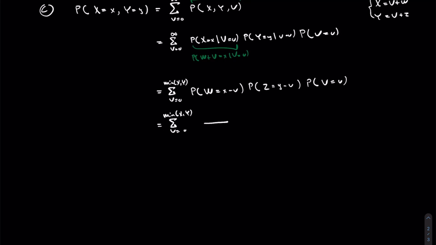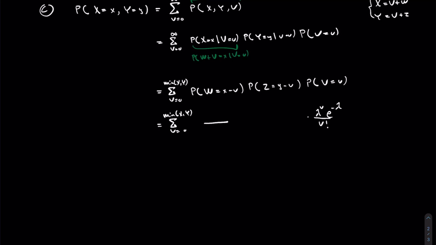The others have a subtraction of v, so here we have lambda to the v, and we have e to the negative lambda. That's just the purest of them.